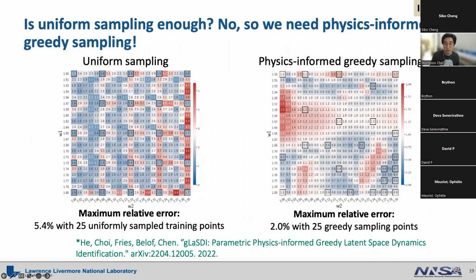As you can see, the training points were not sampled uniformly. More samples were chosen on the right bottom corners, which makes sense because the relative error with the uniform sampling was high on those right bottom corners. With this physics-guided non-uniform sampling, we were able to achieve a maximum relative error of 2%. This time, the maximum relative error happens on the left side of the parameter space, which makes sense.